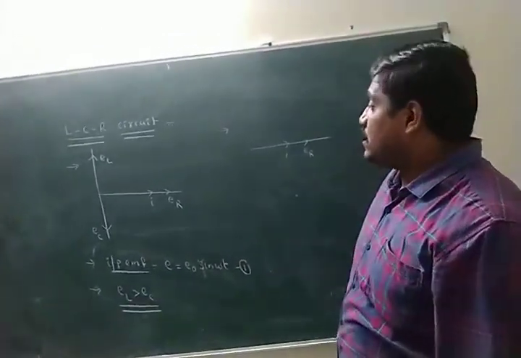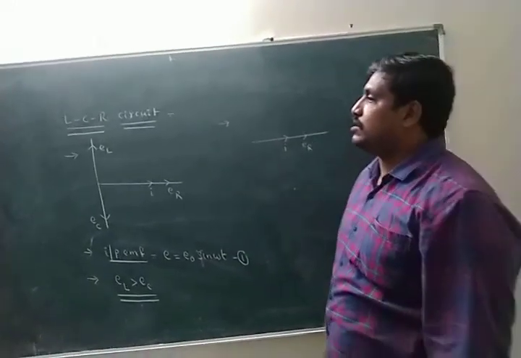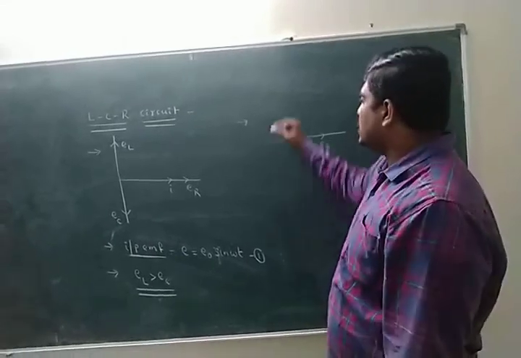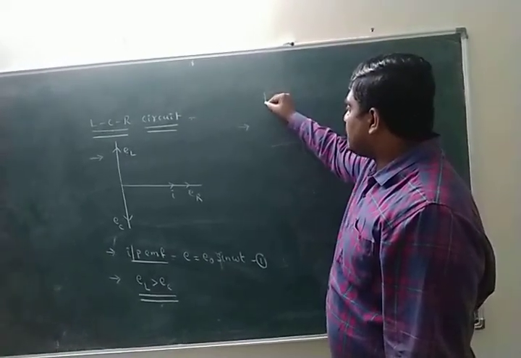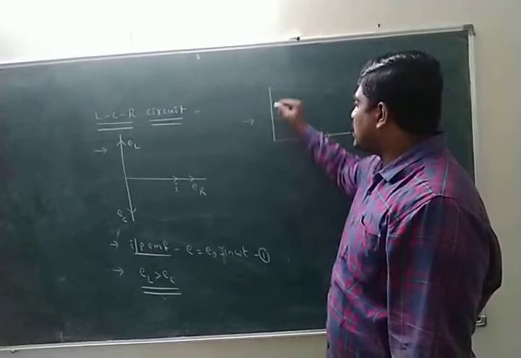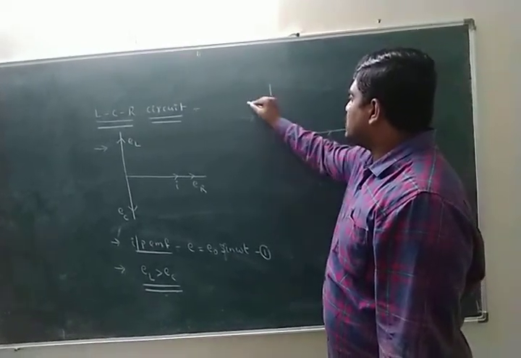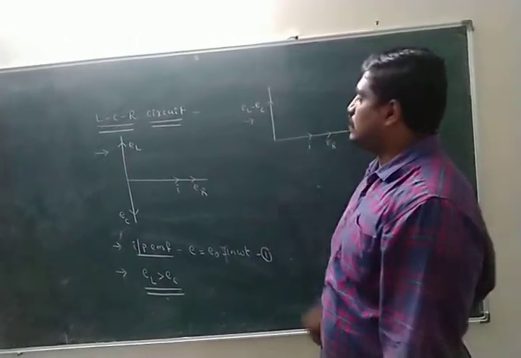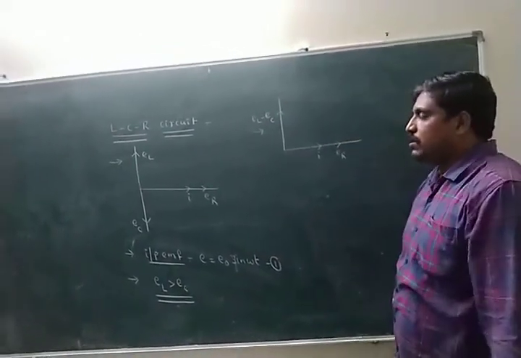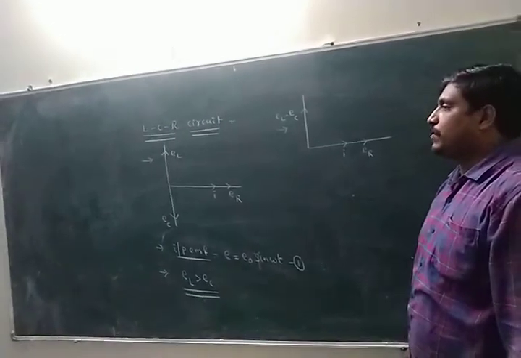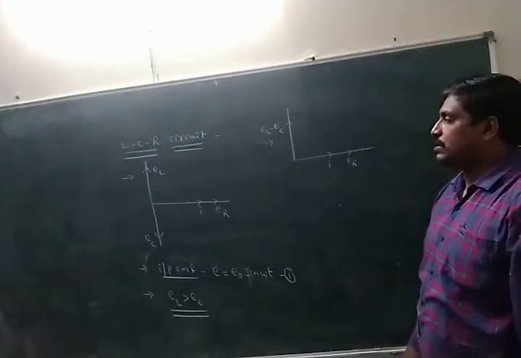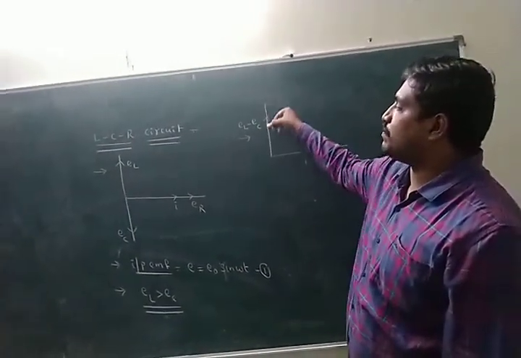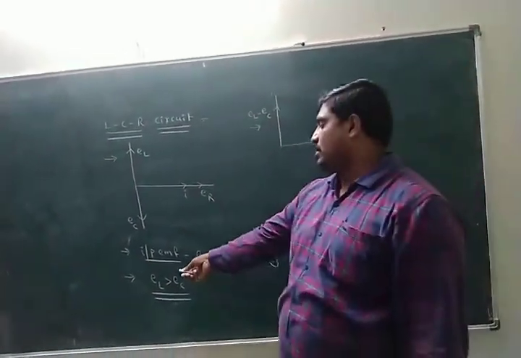Here EL greater than EC means EL is more compared to EC. Simply, the net depends upon the larger. Simply this is EL minus EC. Once again I repeat, EL is more compared to EC. Simply EL minus EC. The net direction depends upon the larger according to the condition.